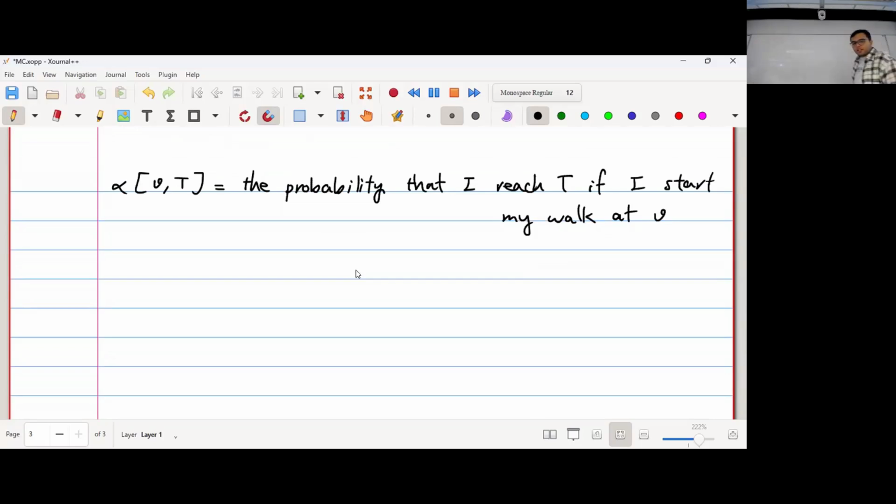So let's say alpha of V, T is the probability that I reach T if I start my walk at vertex V. Can I find a recurrence relation for this alpha of V, T?